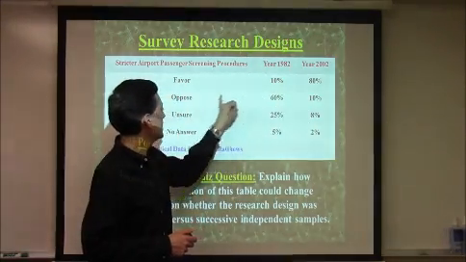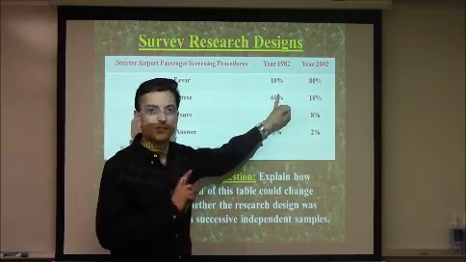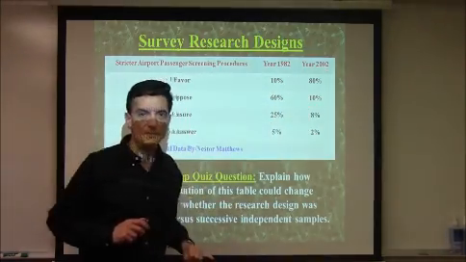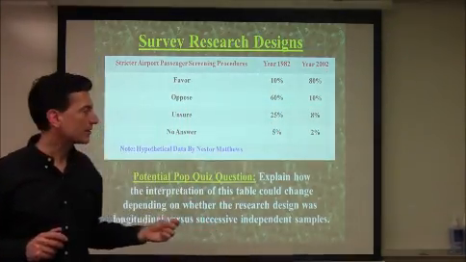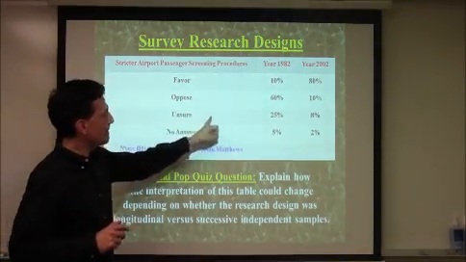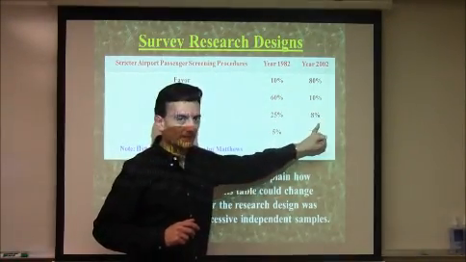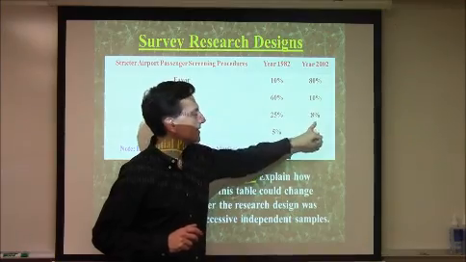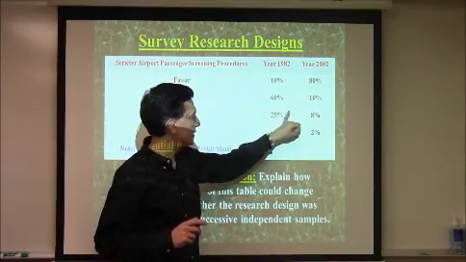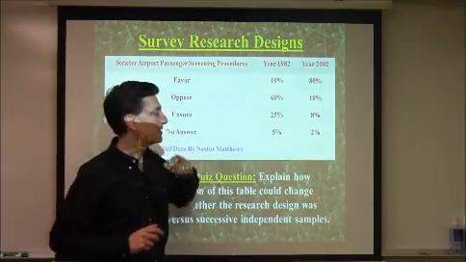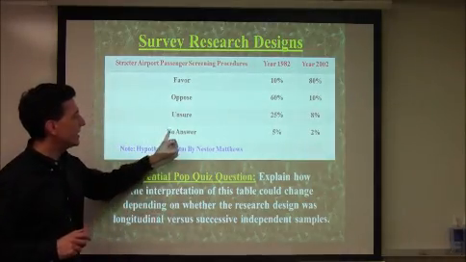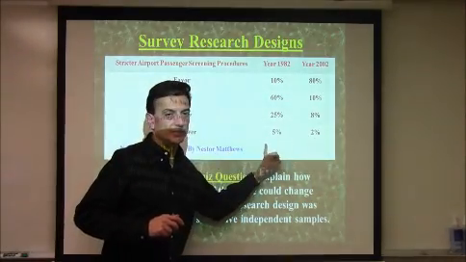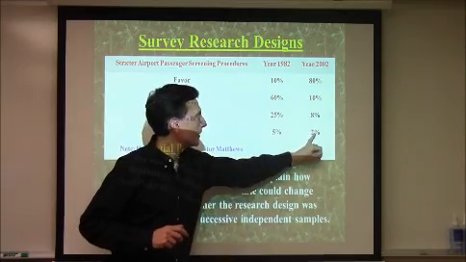We had 60% who were opposed to stricter screening in 1982, and that number dropped to just 10% 20 years later in 2002. Then the number of people who are unsure also dropped off. Many fewer people, just 8%, were unsure in 2002, as contrasted with 1/4 or 25% of the group in 1982. And no answer was fairly small in each case.